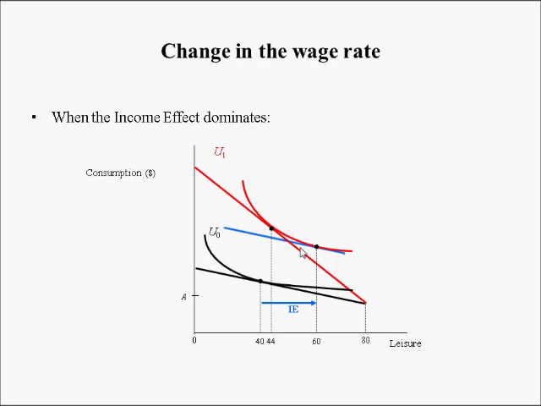Remember, a parallel shift of the budget line means non-earned income, the allowance, rose, and the wage was held constant.